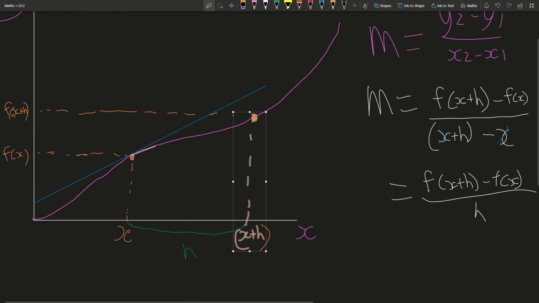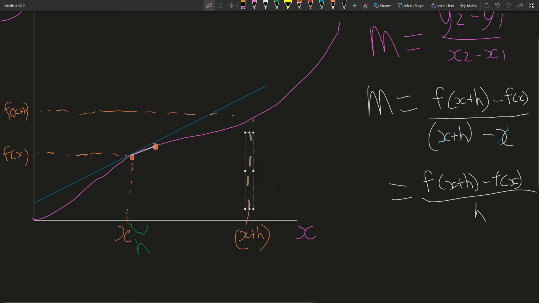So we're taking h and we're making it a lot smaller. We're making h way, way smaller, and we're moving this orange point closer and closer to our original point.